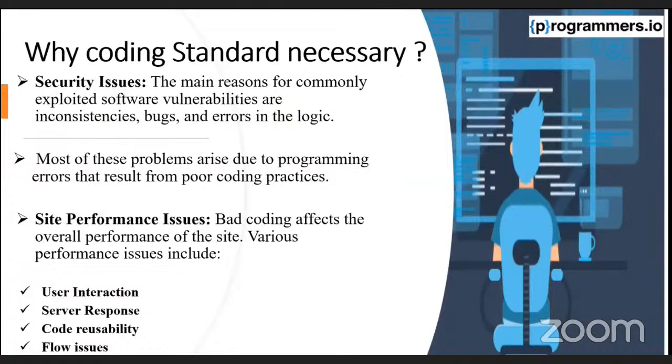A few topics I have mentioned here: the security issue, site performance issue, user interaction, service response, code reusability, and flow issue. So basically, security issue. The main reason commonly exploited software vulnerabilities exist includes bugs and errors in logic. So what happens?